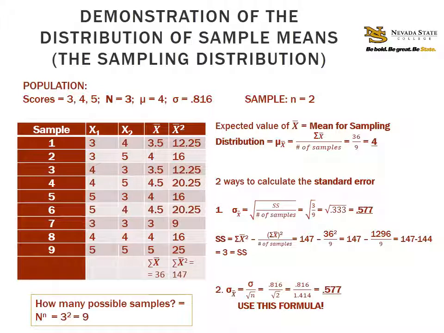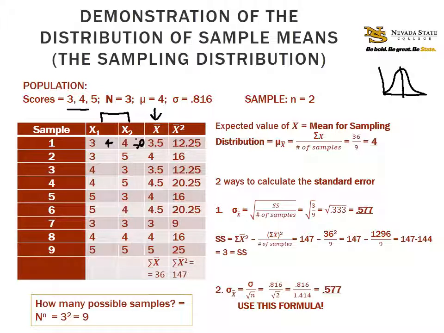So again, we've got each possible set of 2 values that could be drawn from this original population, and the mean. So 3 plus 4 divided by 2 gives you that mean of 3.5, for instance. The mean of the sampling distribution, the thing that goes right in the middle of the normal curve, is always going to be equal to the original population mean.